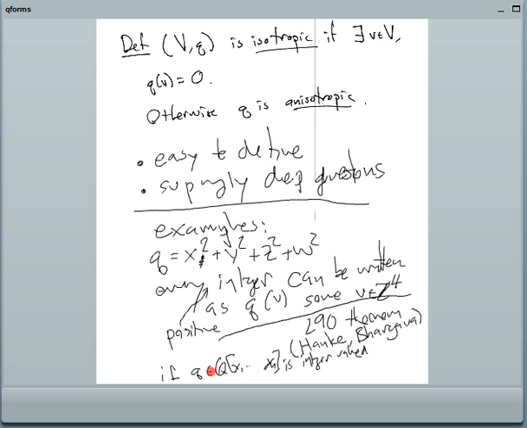In other words, for every integer value of these variables, you get an integer out. That's what I mean by integer valued.